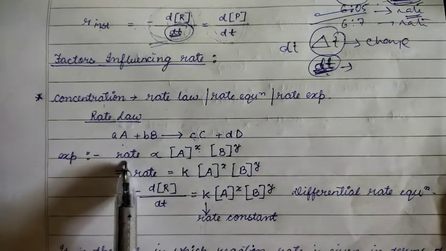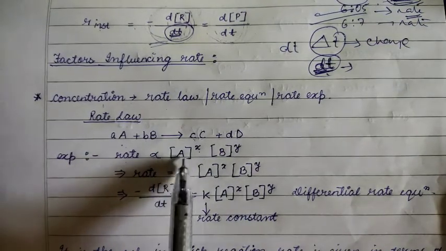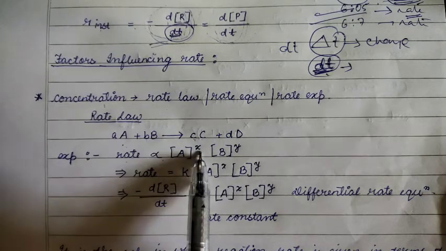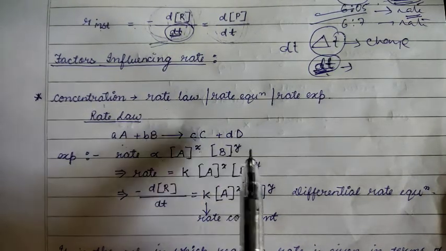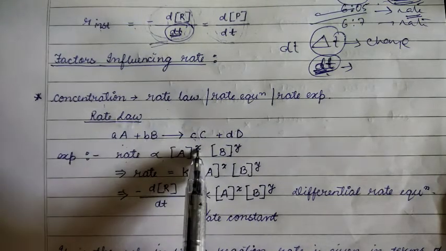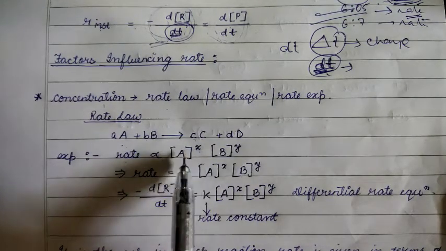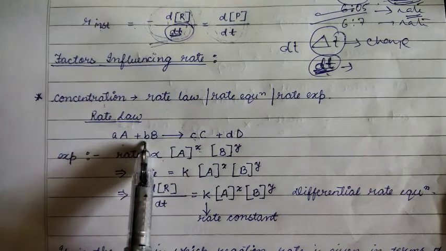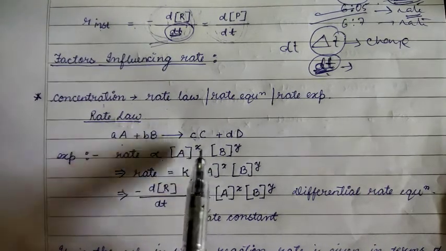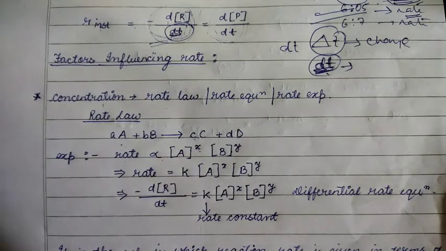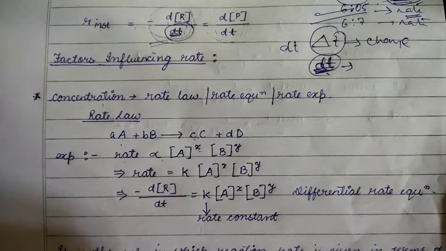When we talk about the rate, it is directly proportional to the concentration of A to the power x, concentration of B to the power y. Now one more important thing: x and y can be equal to a and b respectively, but not always. So x and y may or may not be equal to the stoichiometric coefficients. This thing you have to remember.